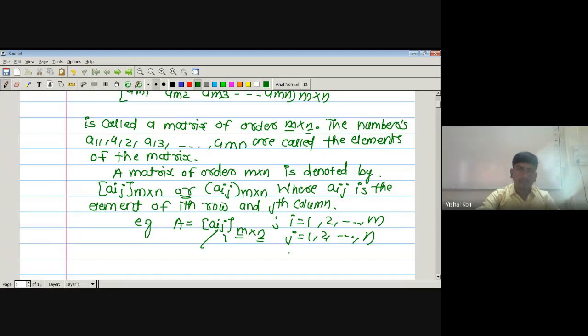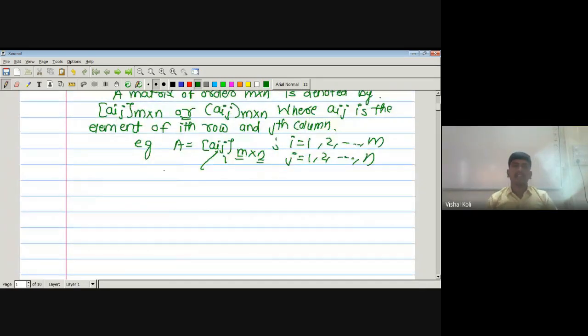Generally the matrices are denoted by capital letters, that is A, B, C, and its corresponding form is the square bracket of aij of order m by n.